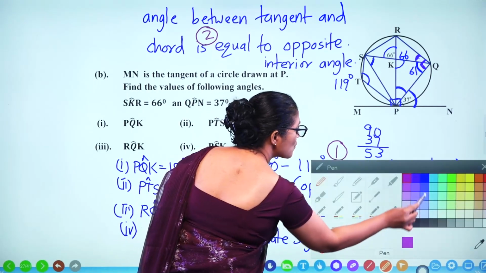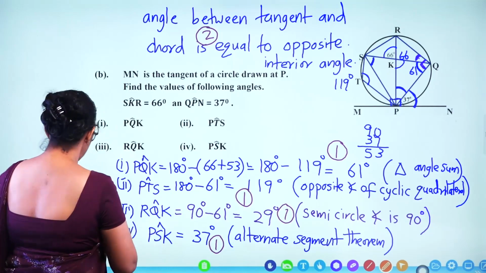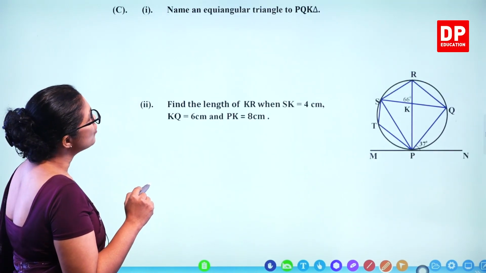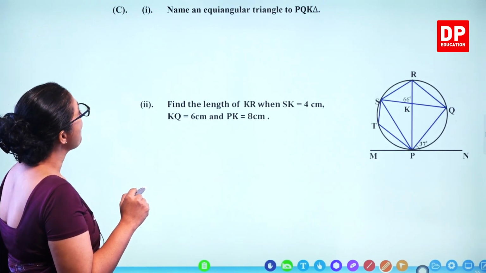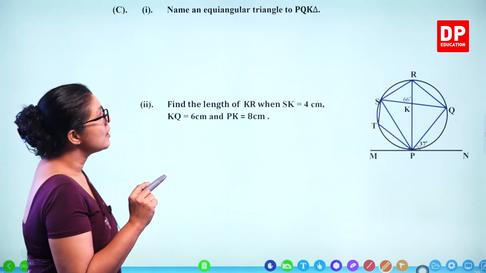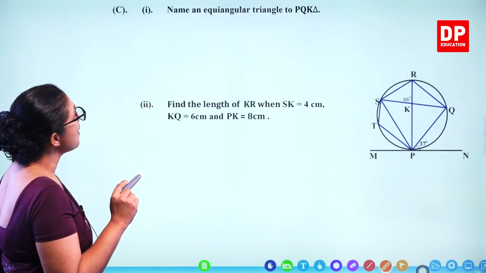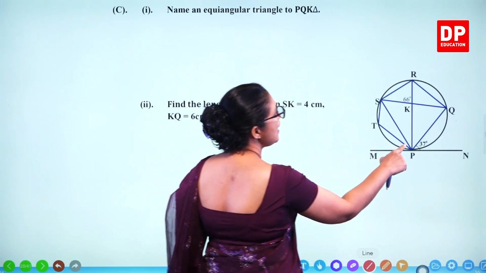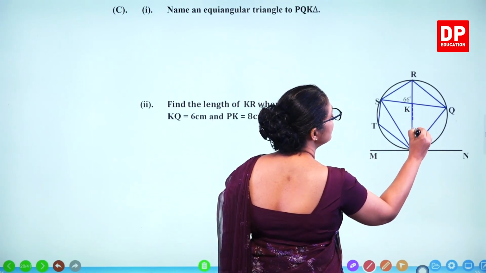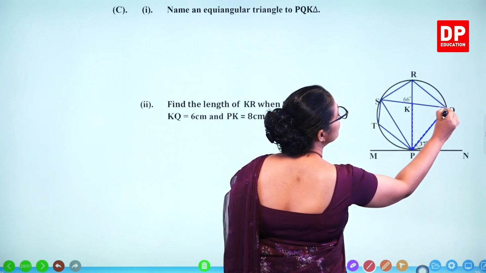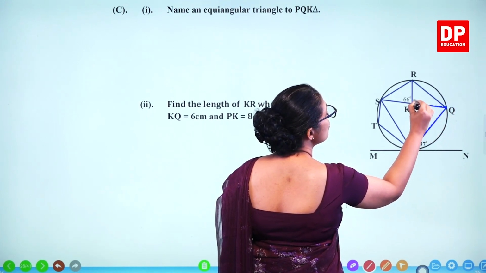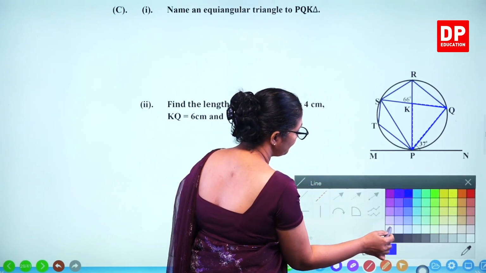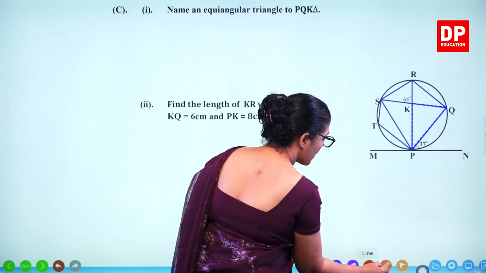Now let's take the next one. Name an equiangular triangle to PQK. Equiangular means the angles are the same. PQK, this triangle. So we need to find an equiangular triangle to that. Let's use different colors.